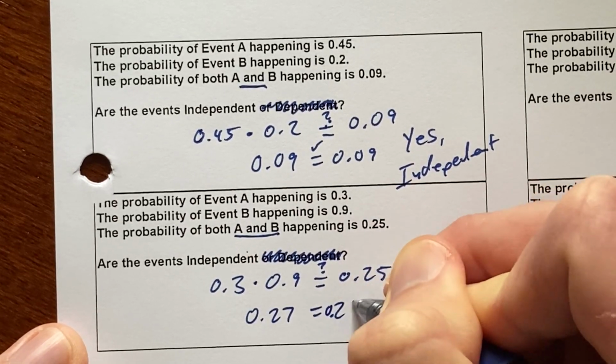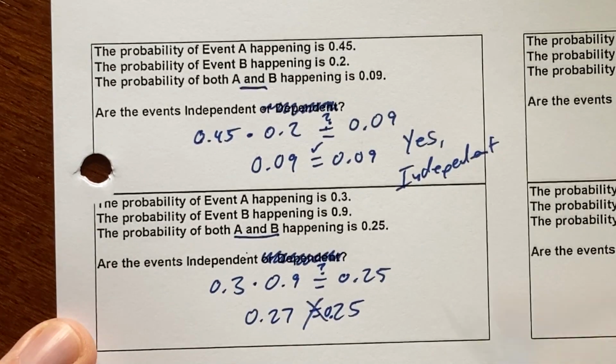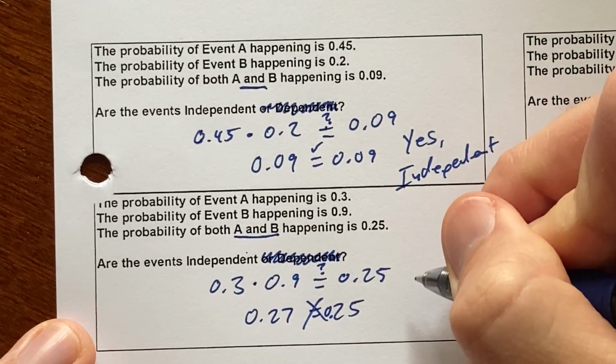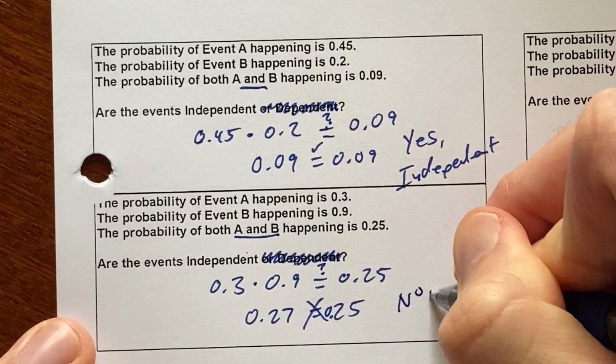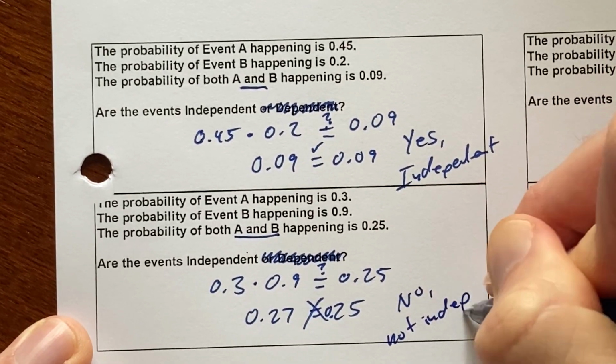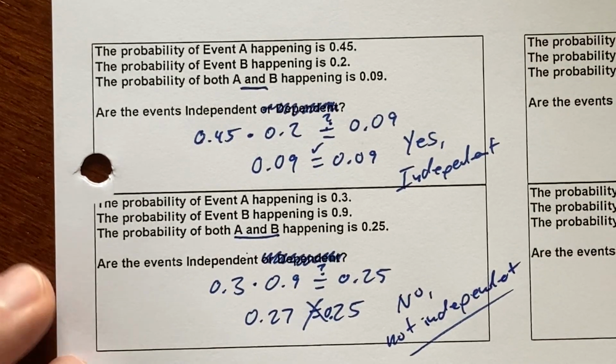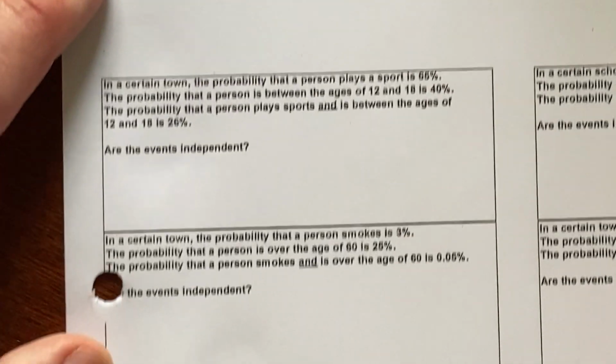Does 0.27 equal 0.25? No, 0.27 does not equal 0.25. Therefore, we're going to say, no, these are not independent.